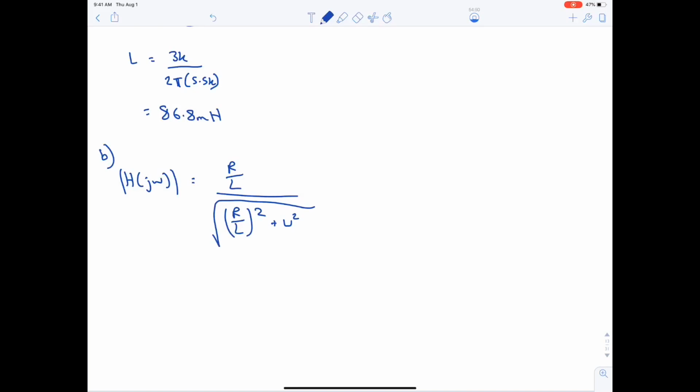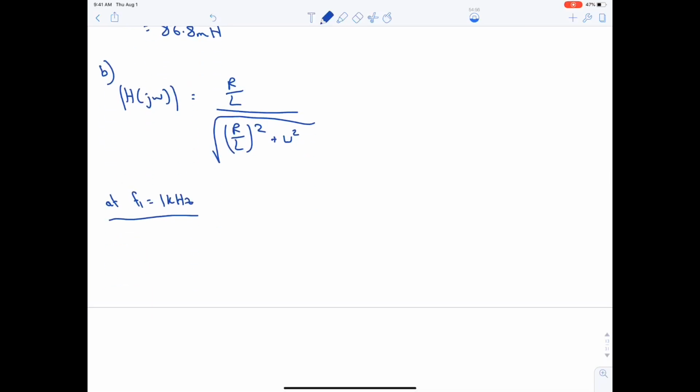Okay, we need to find it at 3 frequencies. So at F1 equal to 1 kilohertz, just plug in the value. So the magnitude will be, with omega 2 kilo pi, 0.98. At the second frequency, the magnitude will be 0.707.